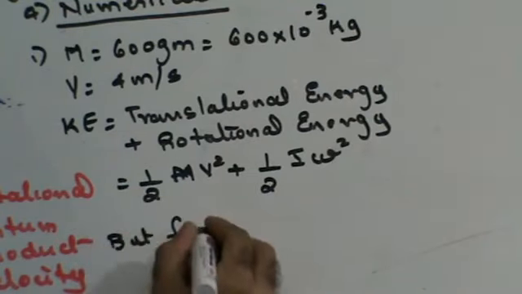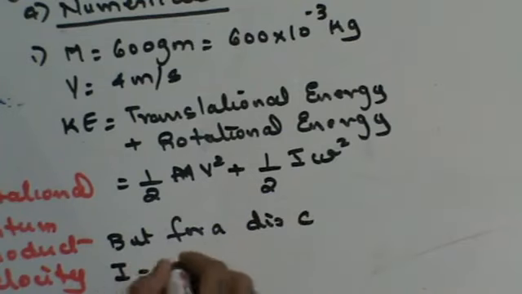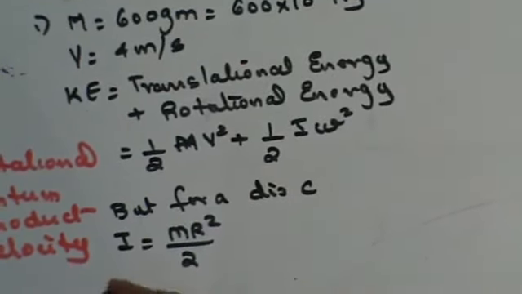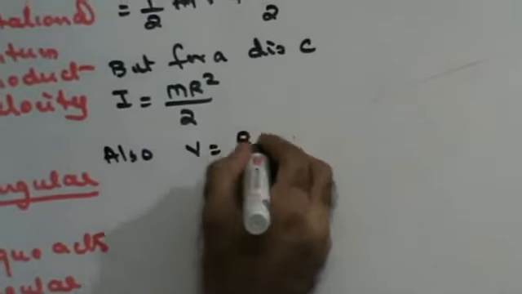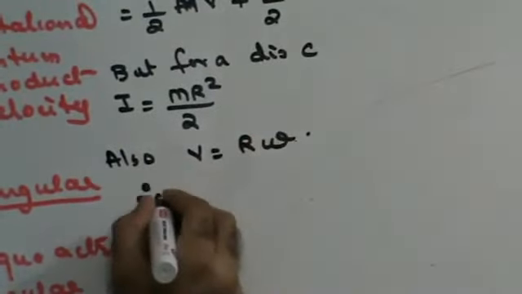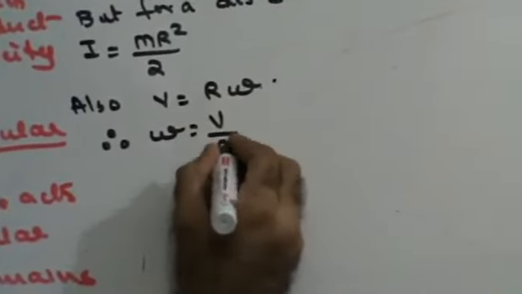For a disk, the moment of inertia is mr square by 2, and we also know that v is equal to r omega. Therefore, omega is v upon r.